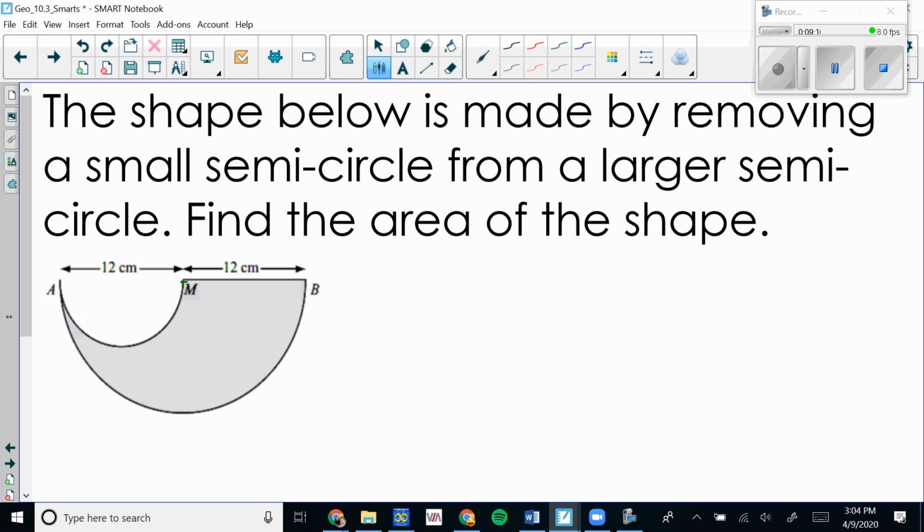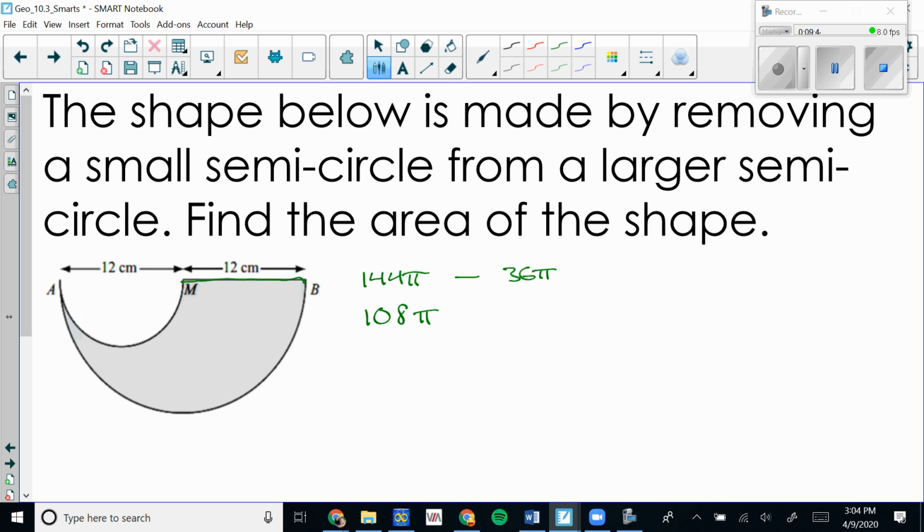The radius of the large one is going to be 12. My apologies. So we'll have pi r squared, 144 pi for the larger one, minus the small one of 36 pi. This will give us the shaded region if this was a continual circle. 144 pi minus 36 pi is 108 pi.